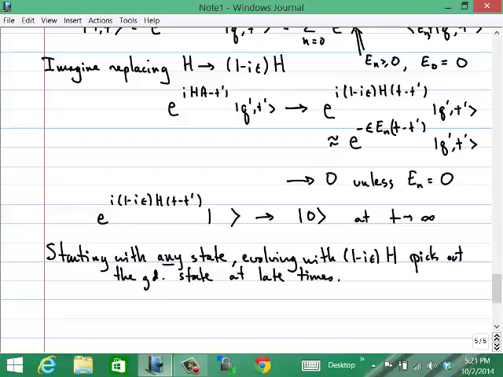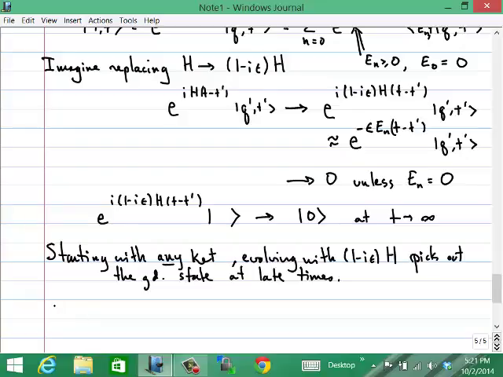Or, to say this a little more precisely, if you start with any ket and evolve with e to the minus i epsilon h by acting on it from the left, then you'll approach the ground state at late times.